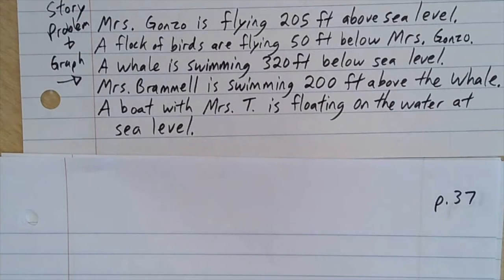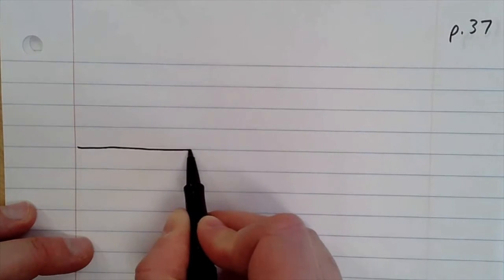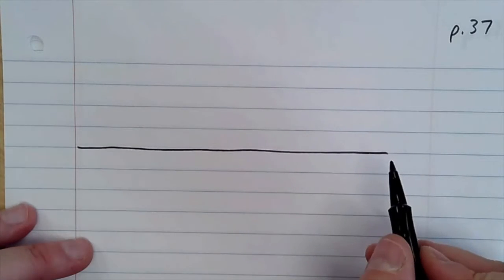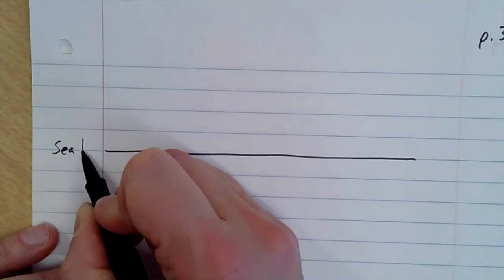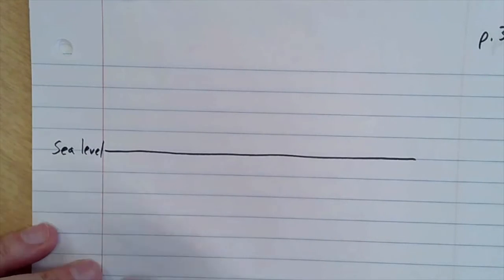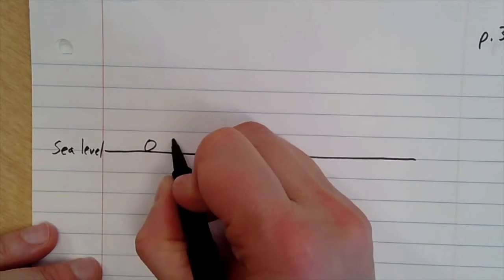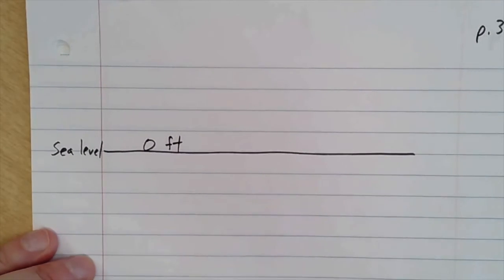So I'm going to move this up out of the way for just a moment while I draw the picture. We'll call this right here our sea level. So this blue line is going to be our sea level. Sea level would be the same thing as 0. What were we measuring in feet, meters? We were measuring feet. 0 feet is at sea level.